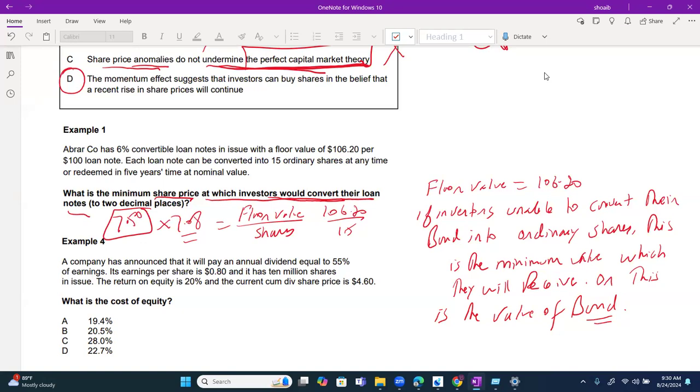Its market value will rise because one share will give you 7.5 and 15 shares will give you 15 into 7.5. It will give you more value. It will give you more benefit. 7.08 is the value above which you can convert your bond. At 7.5 you will happily convert. Did you get it? Do you understand?